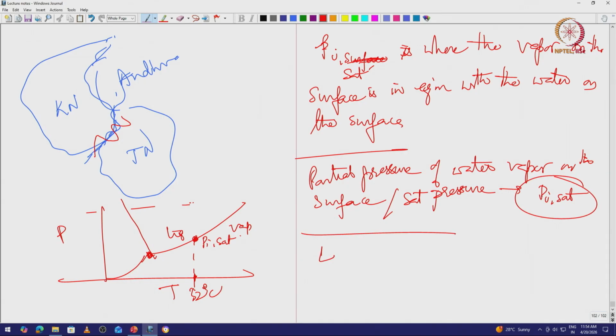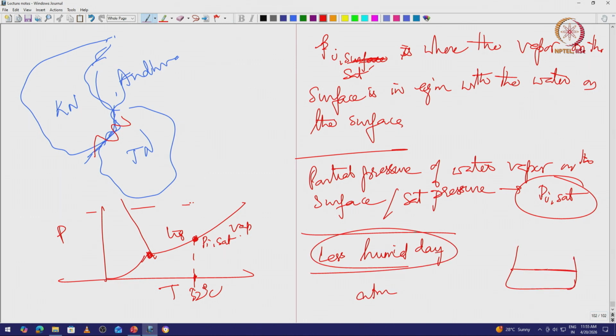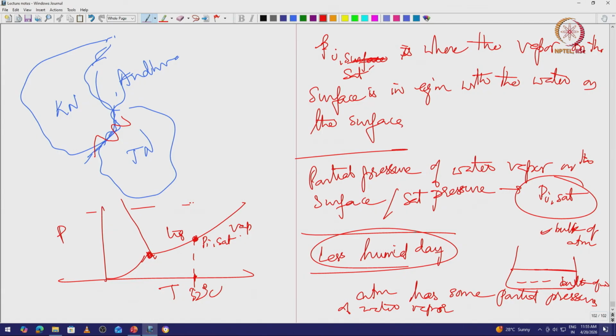On a less, let us say, humid day, the atmosphere itself, right. So where is the atmosphere now? This is the bulk of water and this is the bulk of atmosphere. The atmosphere also has some partial pressure of water vapor, okay.